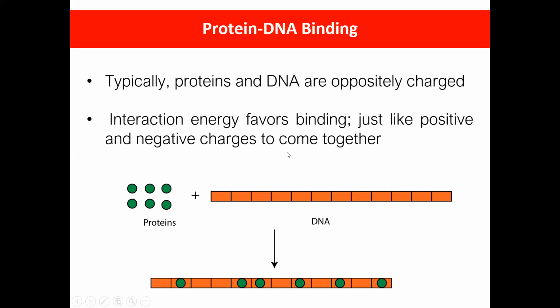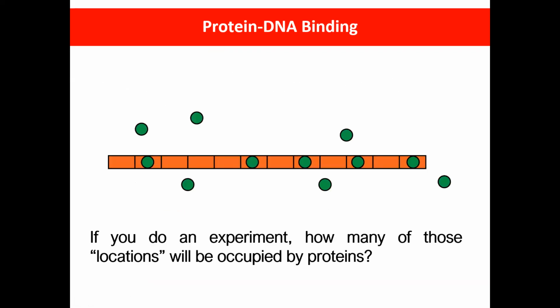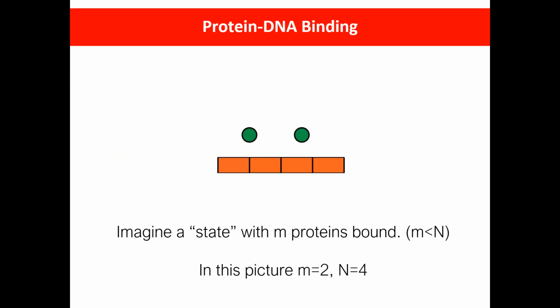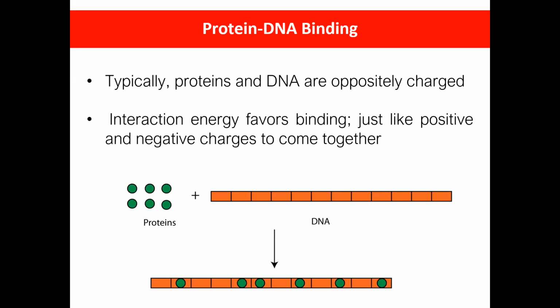Suppose we have a DNA where there are a total of capital N binding sites available for the binding of M identical proteins. We know that DNA is negatively charged, and therefore the proteins which bind have to be positively charged. Whenever this interaction happens, it is going to lower the energy of the system, right? So let me go back to my iPad.